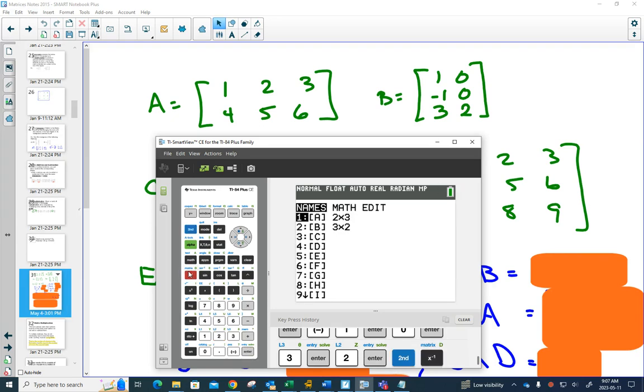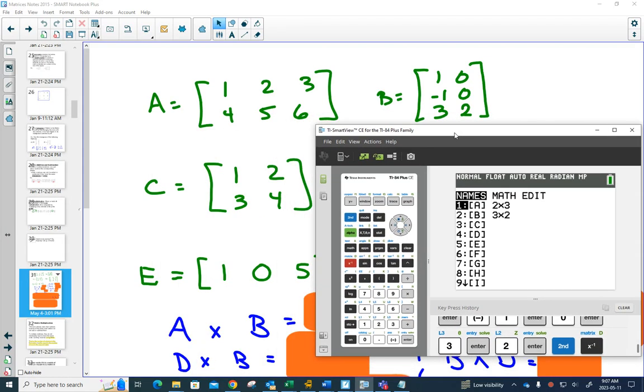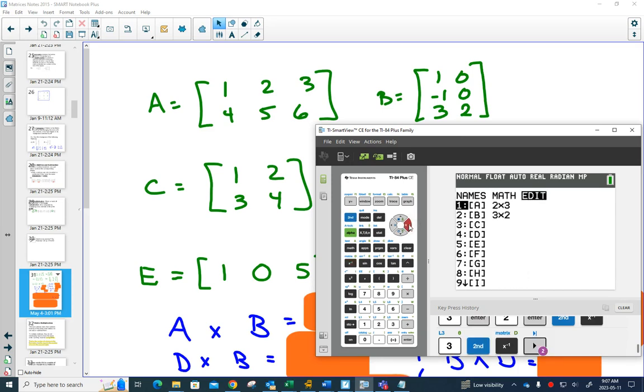So the first thing we're going to do is we are going to put all of these matrices into our calculator.